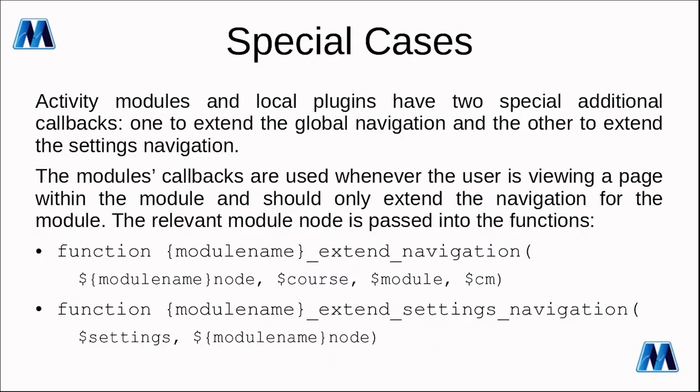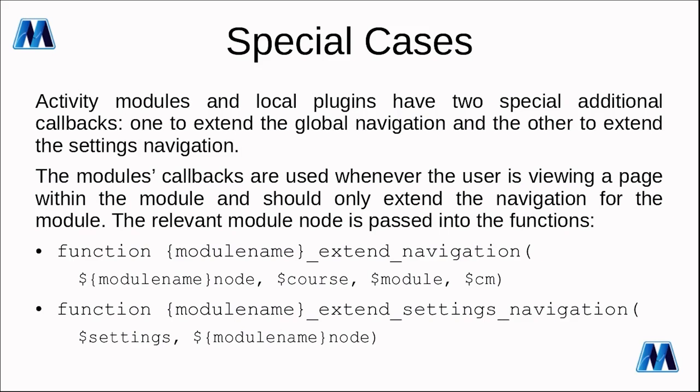Activity modules and local plugins, as I mentioned, have additionally two special callbacks for them. Okay, and modules is specifically for dealing with module navigations. So the module callbacks are when the user is viewing a page within a module and should only extend that navigation for that module.